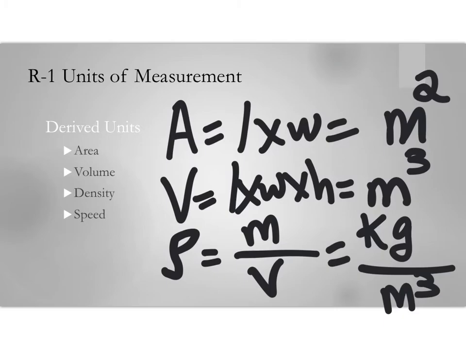And speed is velocity, which is distance divided by time, measured in meters per second. Those are all derived units, and most types of units out there are derived units, but they all derive from those 7 SI units.